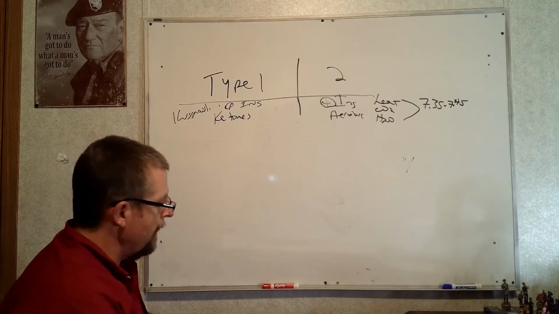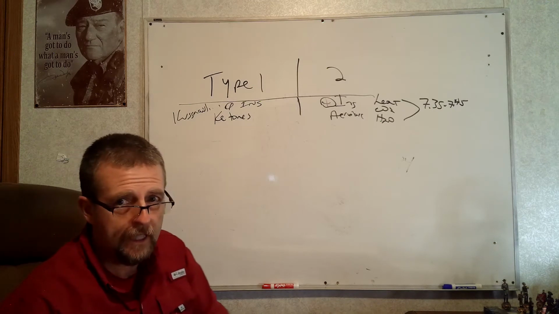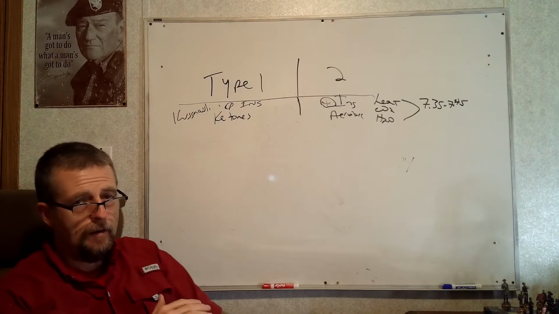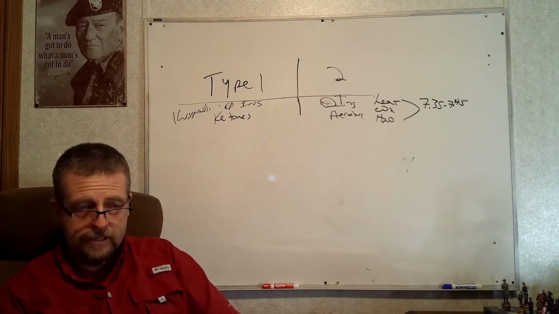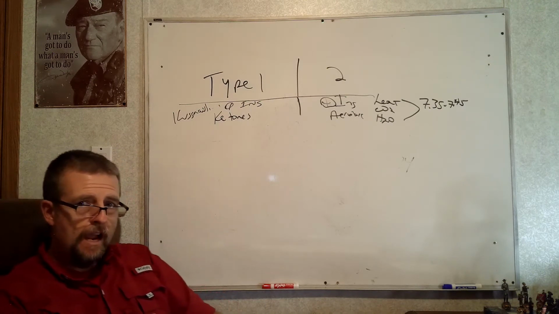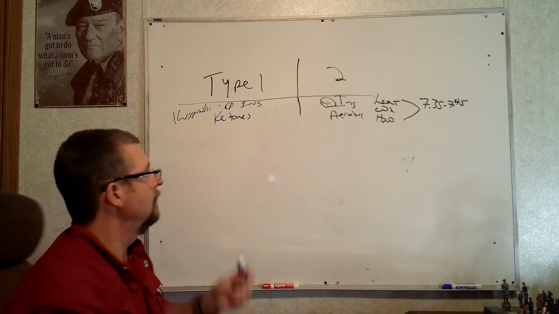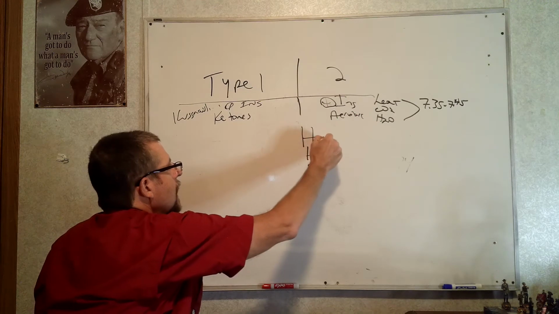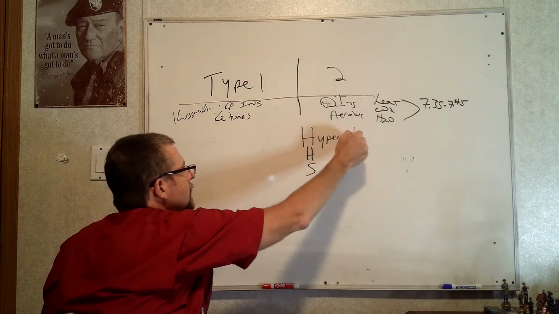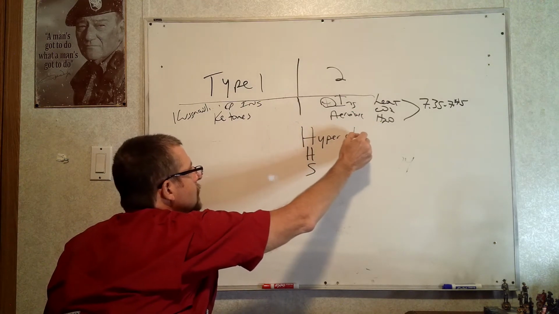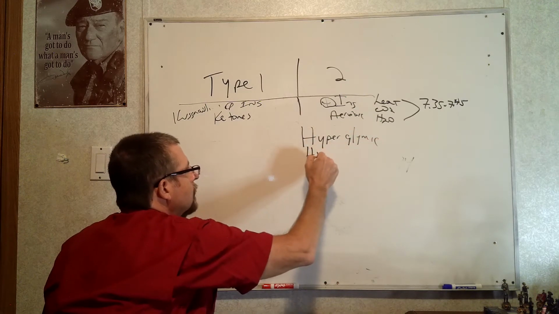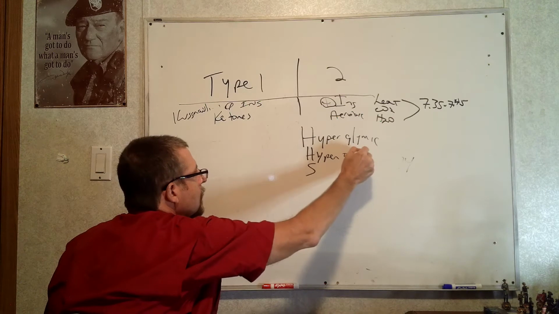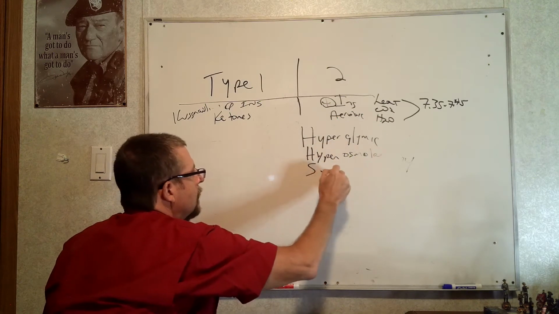Our type 2 diabetics become hyperglycemic also. They have all those same symptoms. They have the hyperosmolar dehydration. In fact, their crisis is HHS, hyperglycemic hyperosmolar syndrome, or sickness.